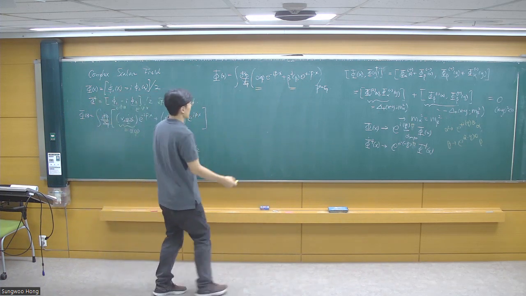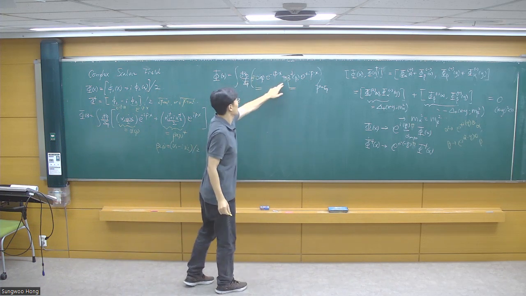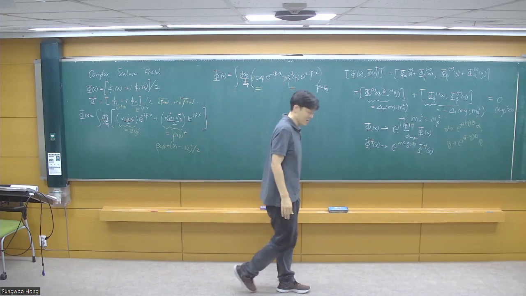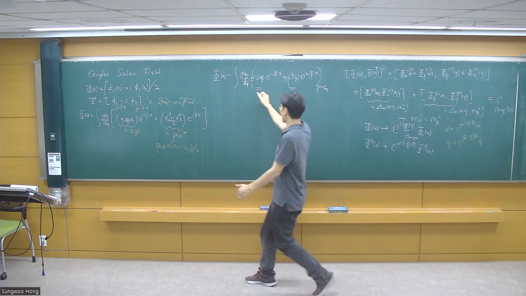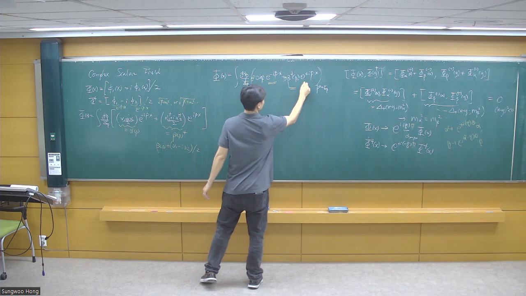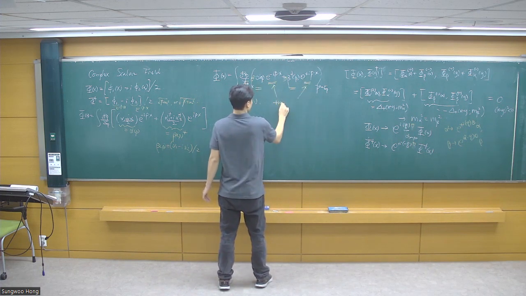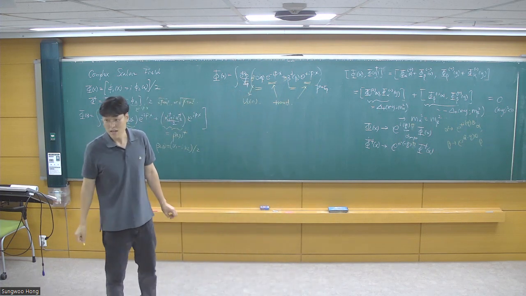And in principle there can be a parameter, but it should be just a constant because of the Lorentz invariance. So that part was because of the Lorentz invariance. This particular and only this form was dictated by the translation. Okay, we saw that.